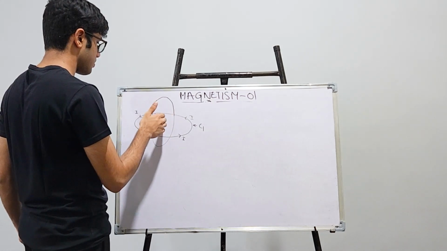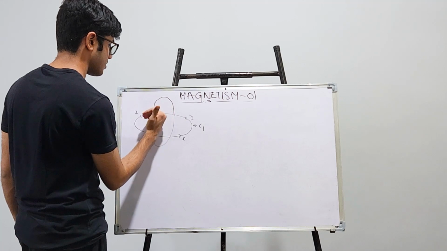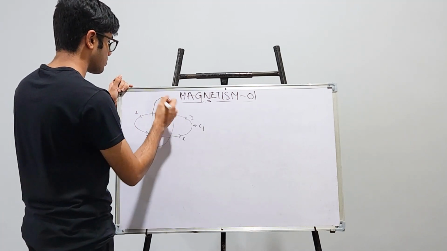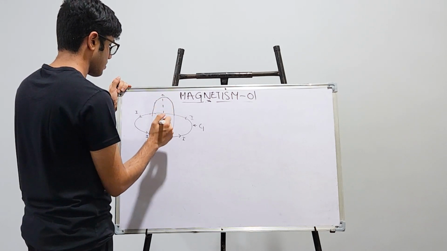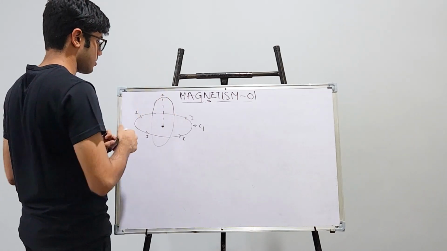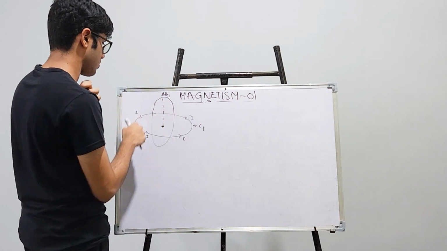Again, we know that this should be like this, right? The magnetic field is coming outwards, going upwards. B1 is due to the circular coil.